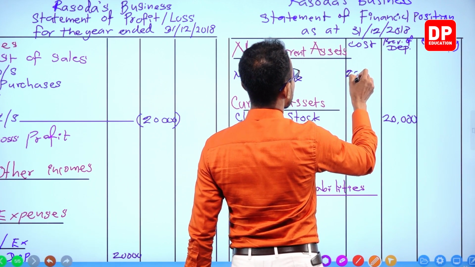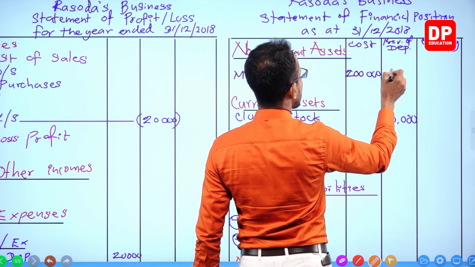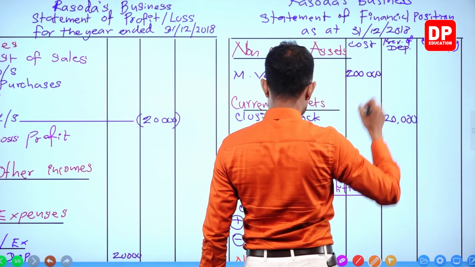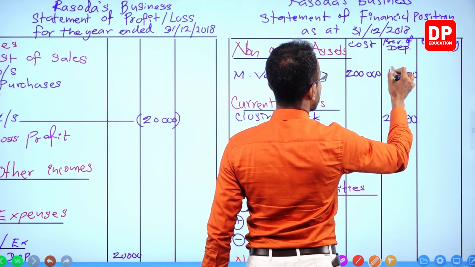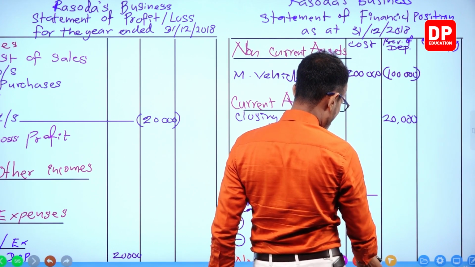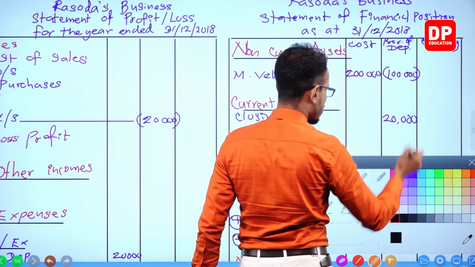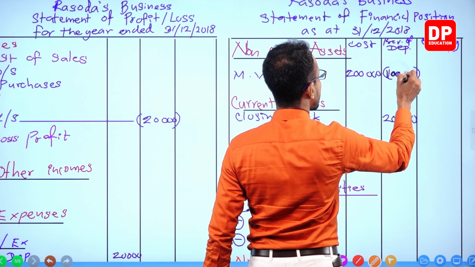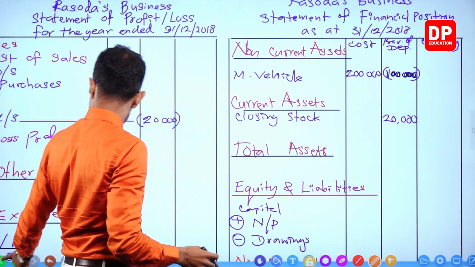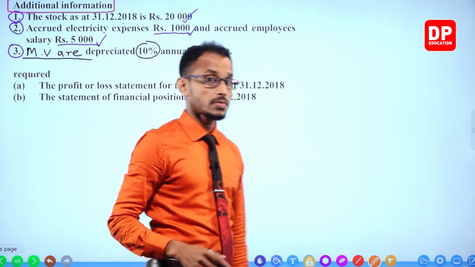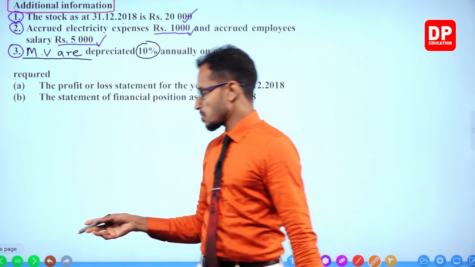First, motor vehicle cost 200,000, then provision for depreciation is 100,000. Why 100,000?